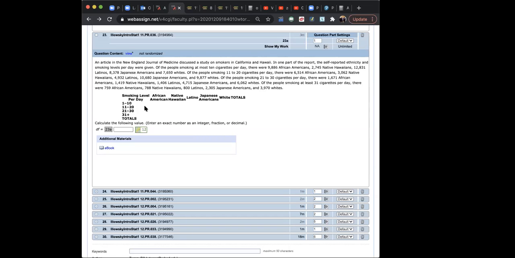So in this case, we're asking for the degrees of freedom of the contingency table, which in turn would give us the degrees of freedom for the chi-square. And the formula is R-1 times C-1.